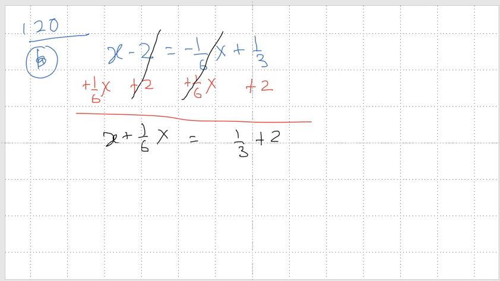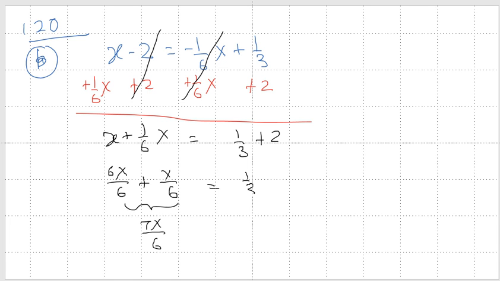Now here we have to be careful. In order to add, I have to have a common denominator. So I'll write x as 6x over 6, right? That's how I can write x plus x over 6, correct? 1/6 of x is x over 6. And if I join them together, I get 7x over 6.